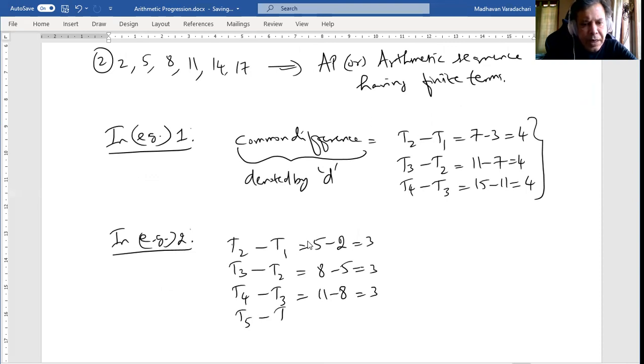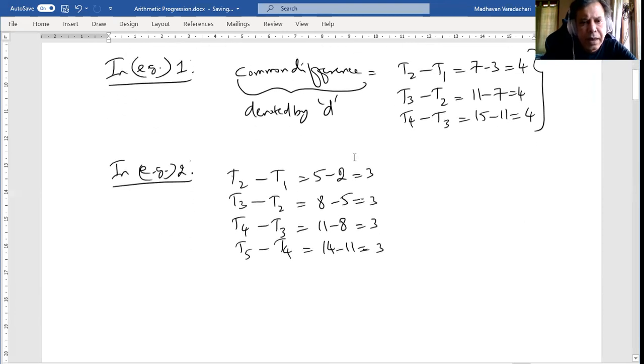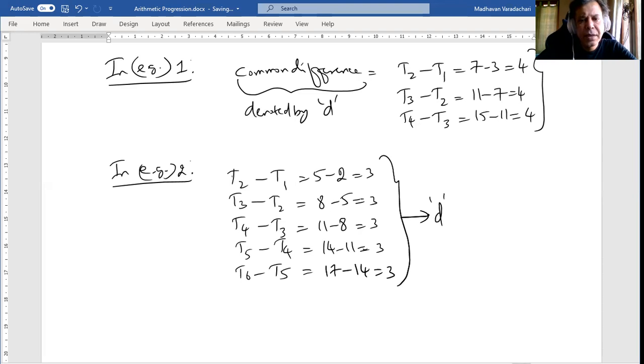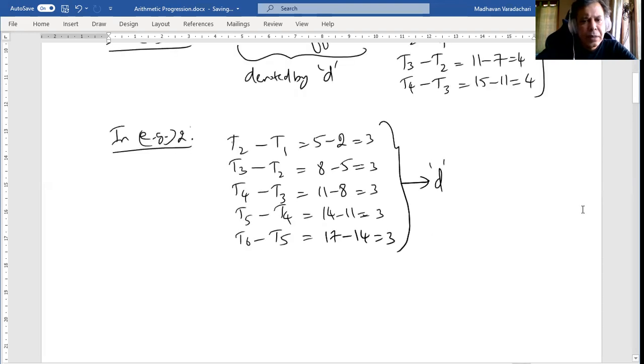Term 5 minus term 4, 14 minus 11, it is again 3. Even the last, that is term 6 minus term 5, 17 minus 14, it is again 3. So all these differences are the same. You call that small t, which is the common difference.